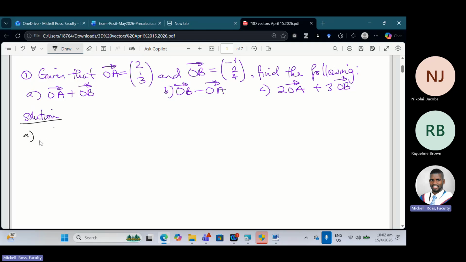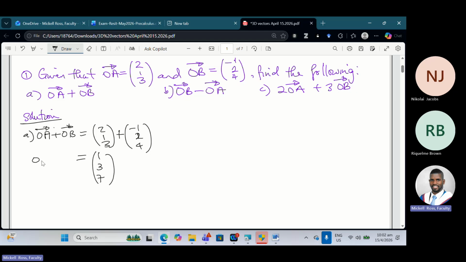So the solution for A, where we have OA plus OB, is going to be equal to vector OA, which is 2, 1, 3, plus vector OB, which is -1, 2, 4. So we add the corresponding numbers. So the two at the top, the two in the middle, the two at the bottom. So 2 plus -1, that's 1. 1 plus 2, that's 3. 3 plus 4, that's 7.